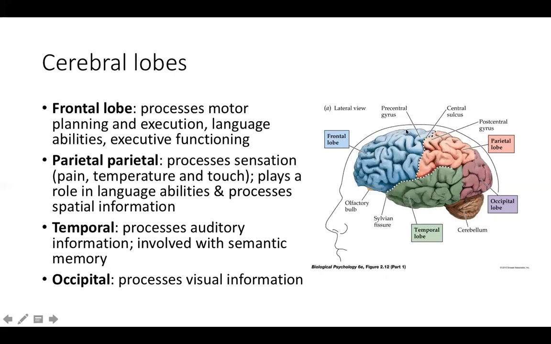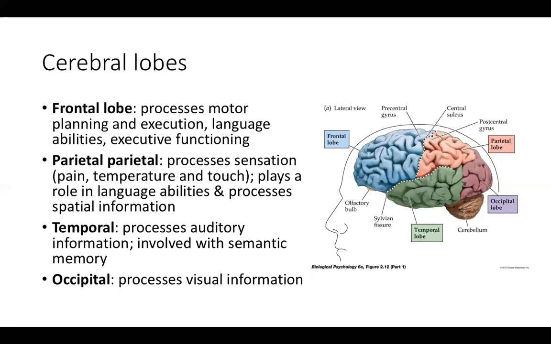And this frontal lobe is involved with processing, motor planning, execution, as well as a lot of different language abilities. And as I'll mention in just a second, it's not the only area that's involved in language abilities, but is critical for it, as well as executive functioning. And so a lot of planning, a lot of critical thinking, a lot of higher order functions and behaviors and skills involve the frontal lobe.